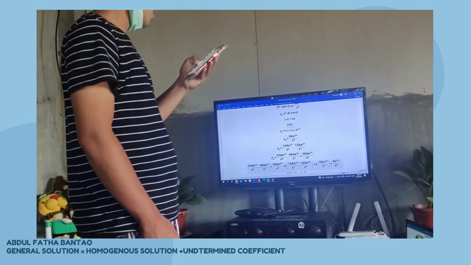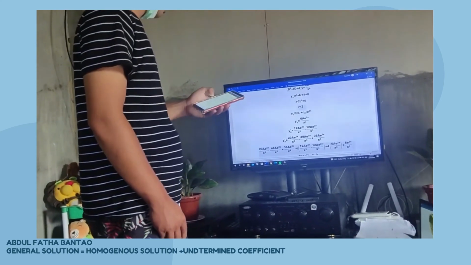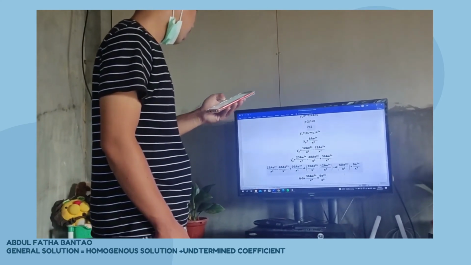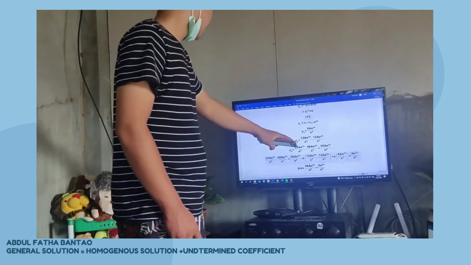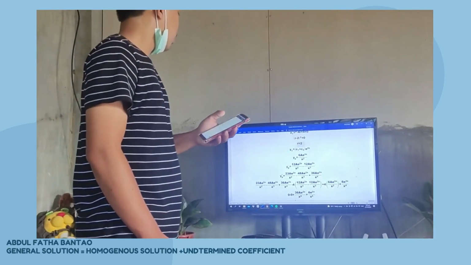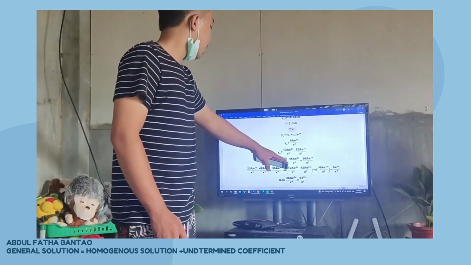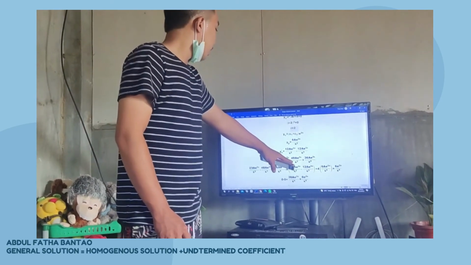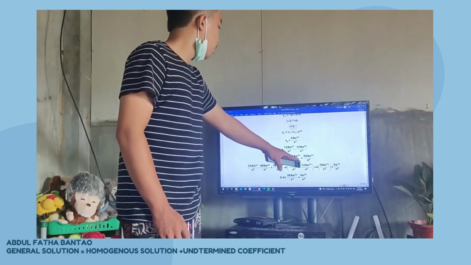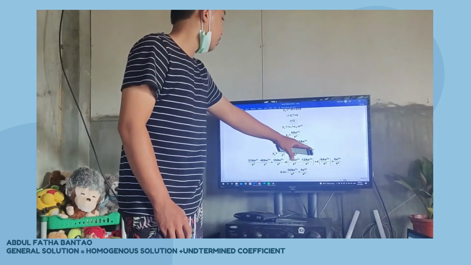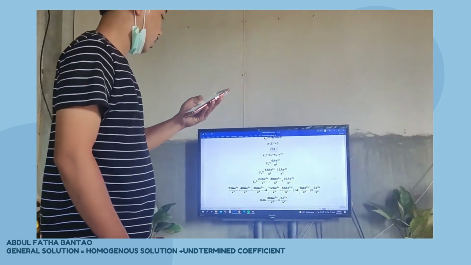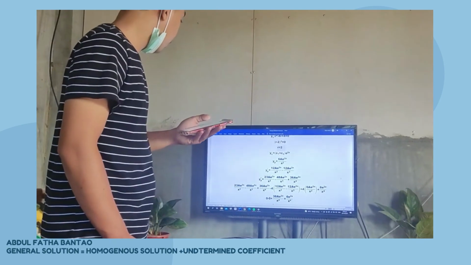Then we'll differentiate the equation twice, resulting in y sub p double prime is equal to 23a e to the power of 2x all over x squared minus 48a e to the power of 2x all over x cubed plus 36a e to the power of 2x all over x to the power of 4.